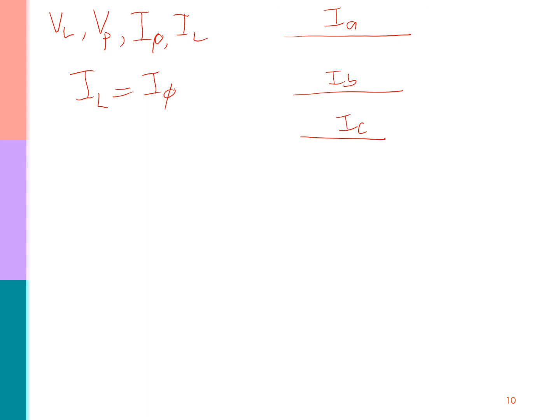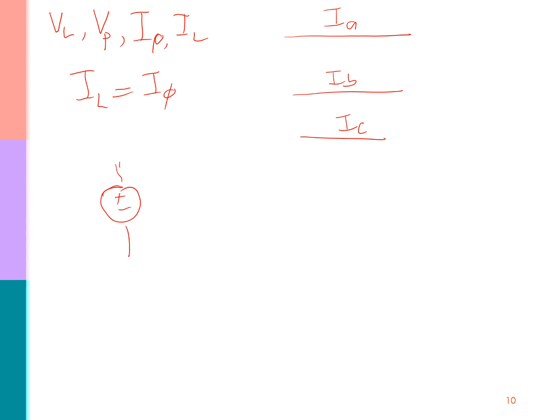One more thing: an alternative way of analyzing a balanced YY system is to do so on a per phase basis. You can analyze this balanced YY system using a single-phase equivalent circuit, which you can read as a reference.